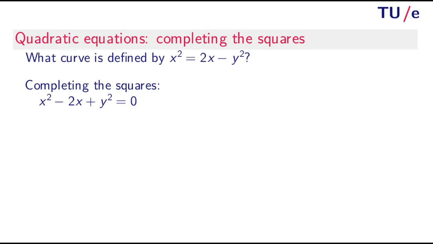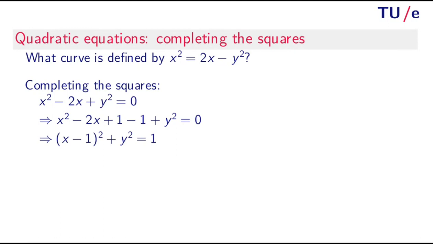We start with x^2 - 2x + y^2 = 0. That means that x^2 - 2x + 1 - 1 + y^2 = 0. So (x - 1)^2 + y^2 = 1. And we have found a circle with radius 1 and center (1, 0).